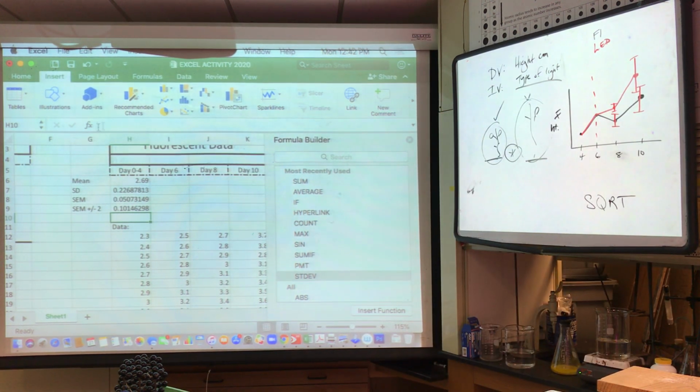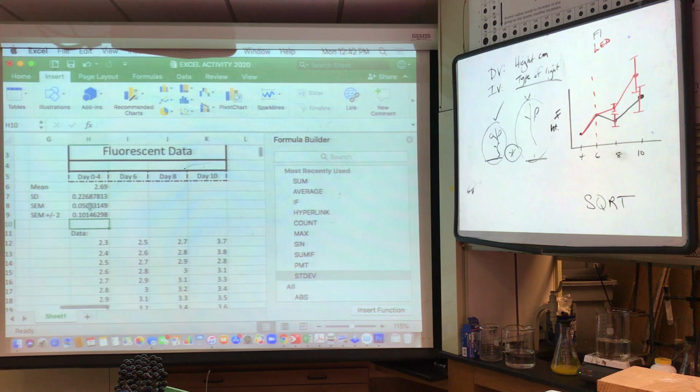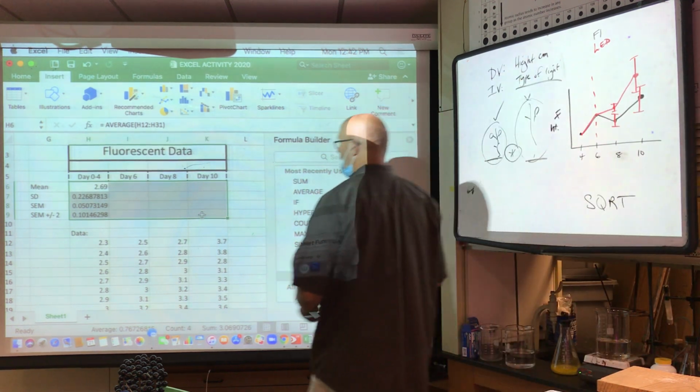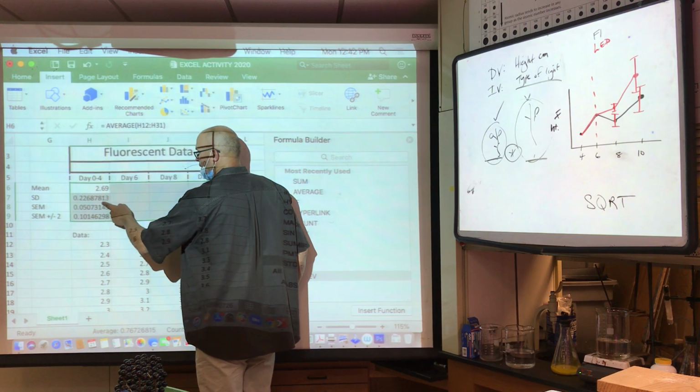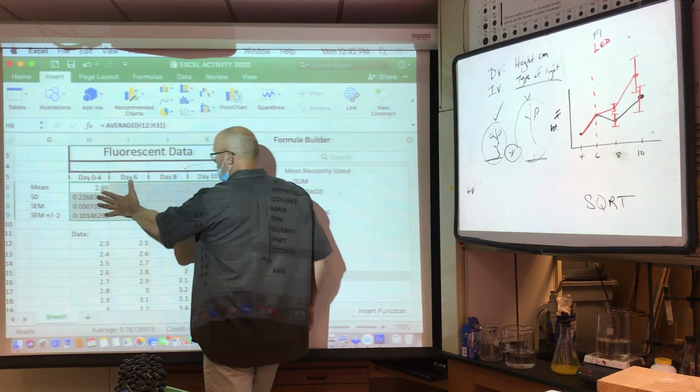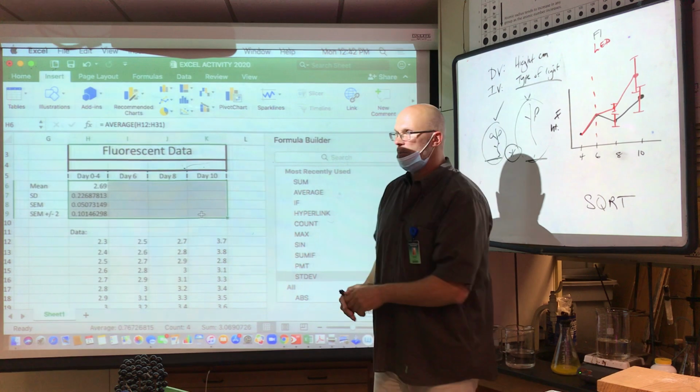So what I'm going to do is select all these boxes. I want to format all the boxes here. I don't need this much information. As we'll learn in chemistry, it's insignificant numbers, right? So I'm going to make sure that there are only 2 decimal places there.